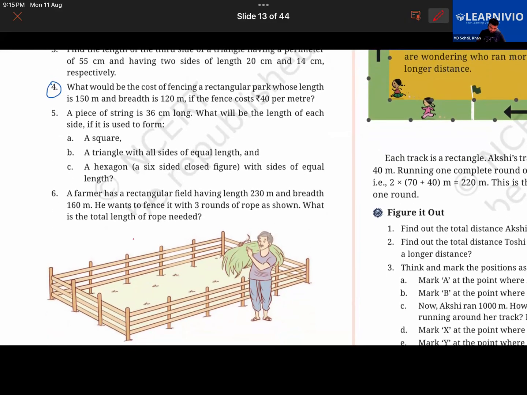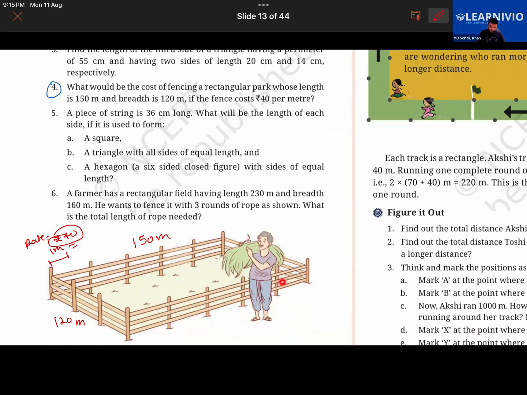Suppose the length, as per the question, is 150 meter and breadth is 120 meter, and fencing of this park has to be done, and the cost of fencing per 1 meter is 40 rupees. So what will be the total cost of fencing it?